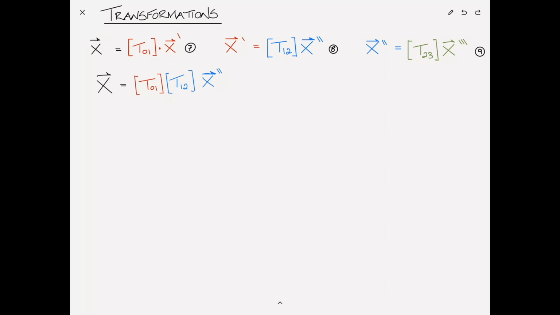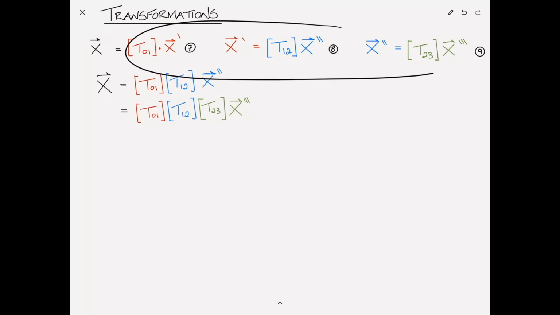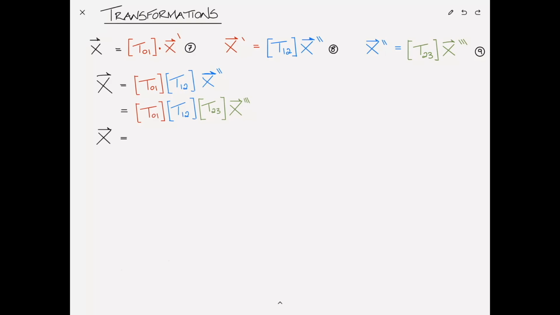So making that substitution gives me that x is equal to T01 times T12 times T23 times x triple prime. Now using the same terminology in equations 7, 8, and 9 above, I can write this overall transformation as x equals T03 times x triple prime. Why T03? Because this is transforming me from the 3 coordinate system to the 0 coordinate system.